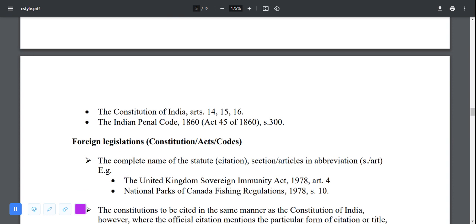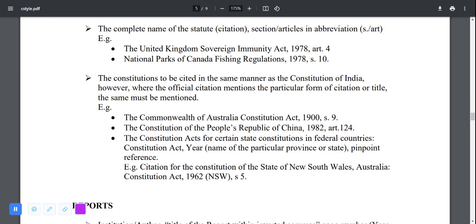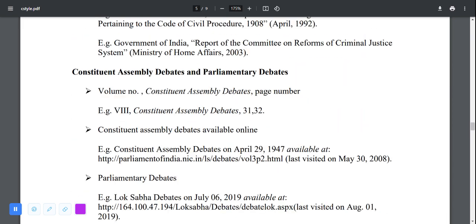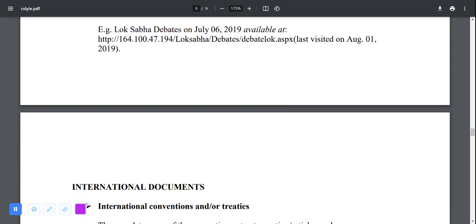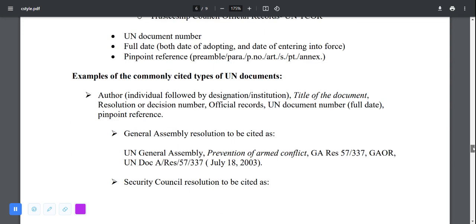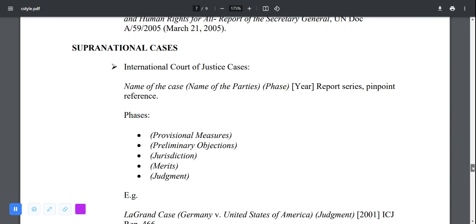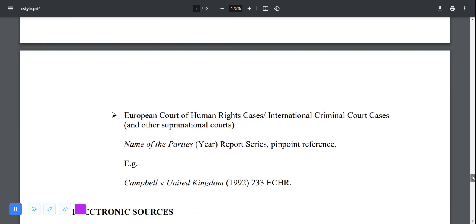Similarly, if multiple articles are there, write arts. 14, 15, 16. So these are the relevant information which I had to teach you before you start or submit any article on the portal.